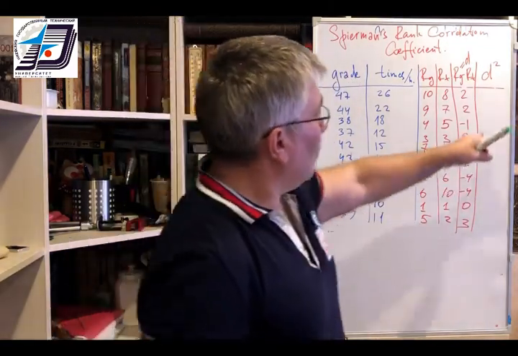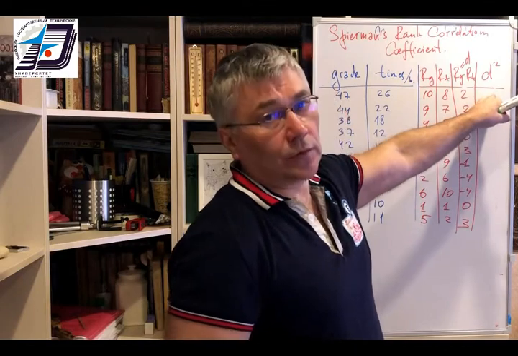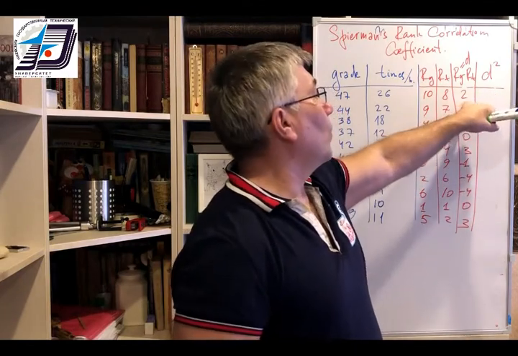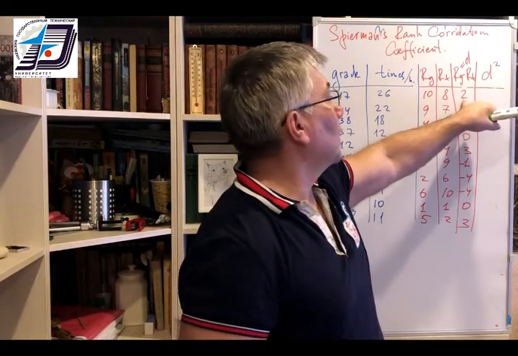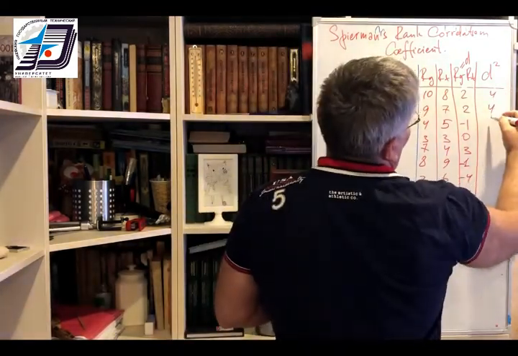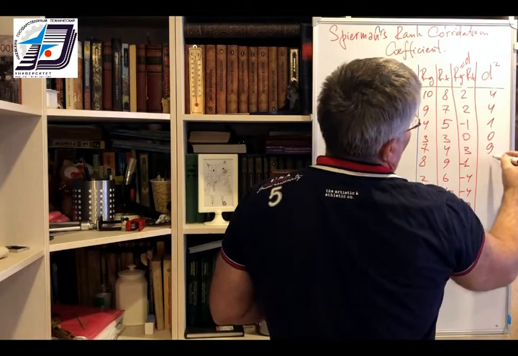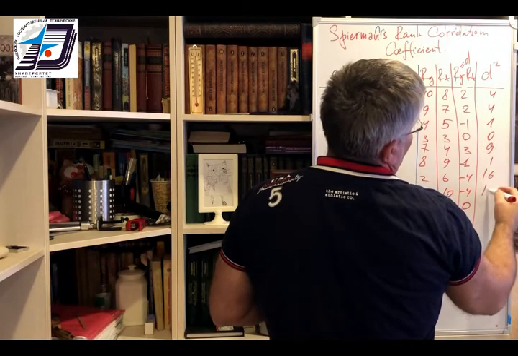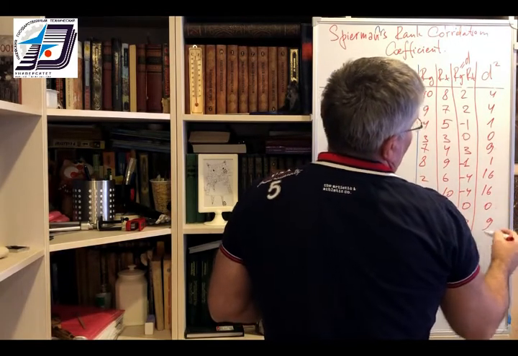And the last column is filled with the squares of the previous column. So we have 4, 4, 1, 0, 9, 1, 16, 16, 0, 9.